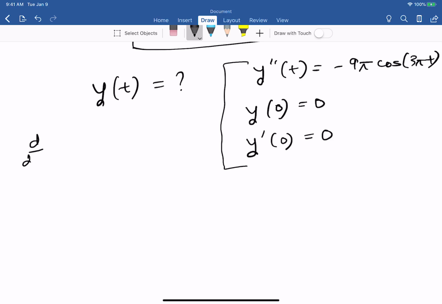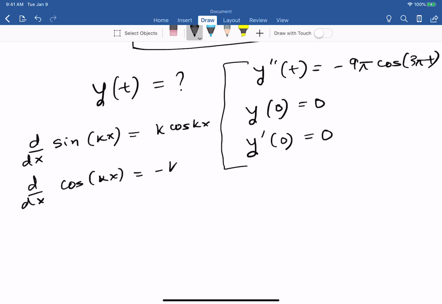So d/dx of sine kx, k is a constant, is equal to k cosine kx, and d/dx of cosine kx is equal to, the derivative of cosine is negative sine, I think, minus k sine kx.